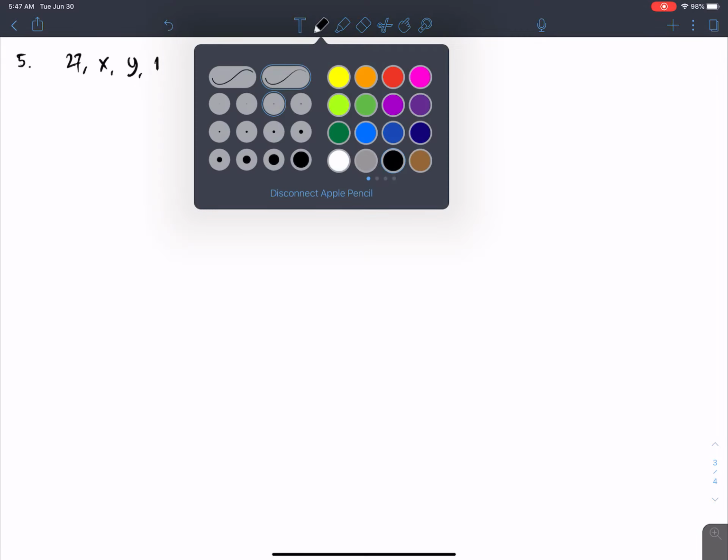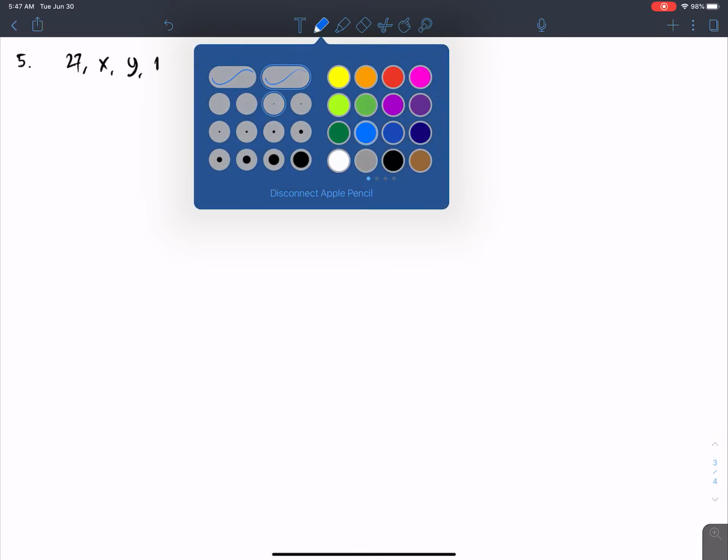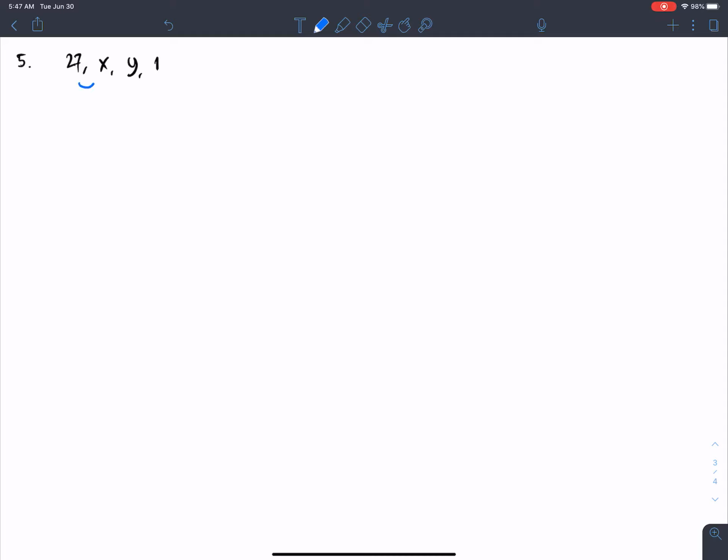And again, we know that if it is an arithmetic sequence, we should have a fixed difference, which we set as b. So easily we can check.